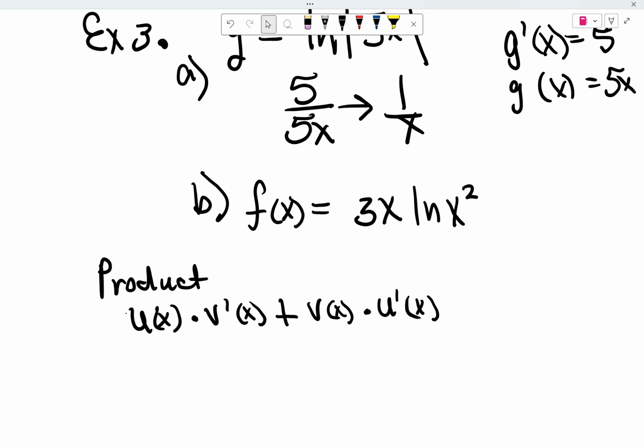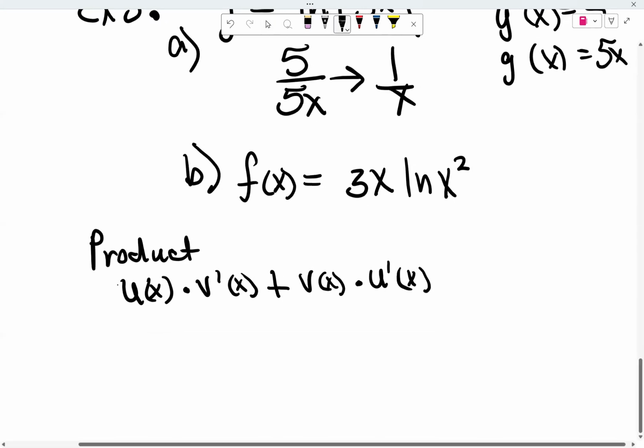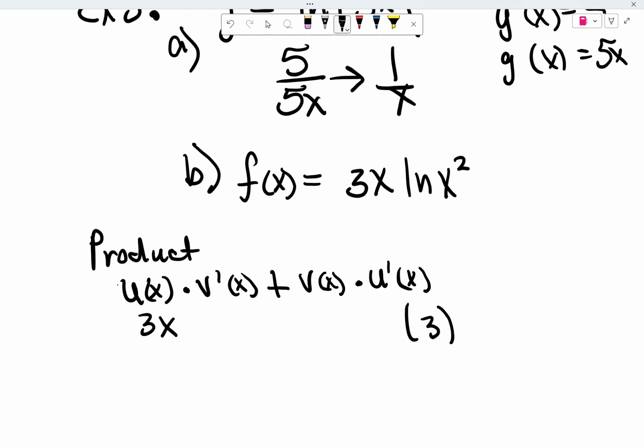And so if I look at 3x as my u of x, I know my derivative of that is simply going to be 3. My v of x function is the natural log of x squared. The derivative of that natural log of x squared is simply going to be 2x over x squared.